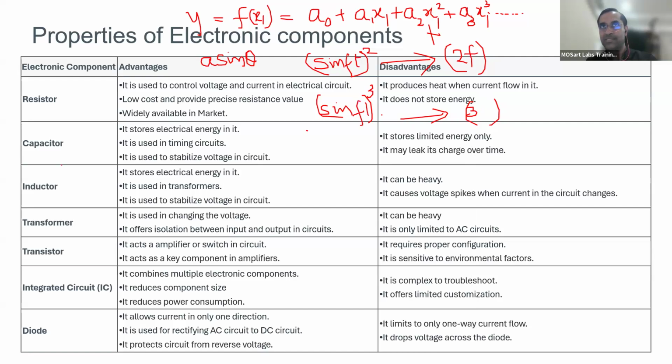Whole cube, you get 3 times your frequency. So this is your harmonics. You are giving one frequency at your input, but you will get twice the frequency, 3 times, 4 times, 5 times, 10 times, 100 times the frequency.